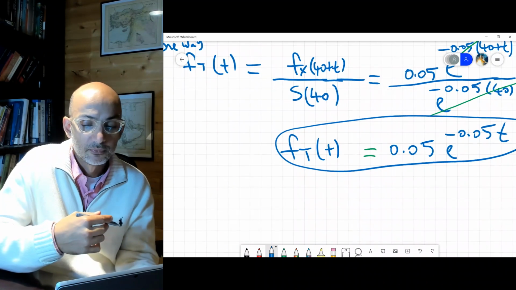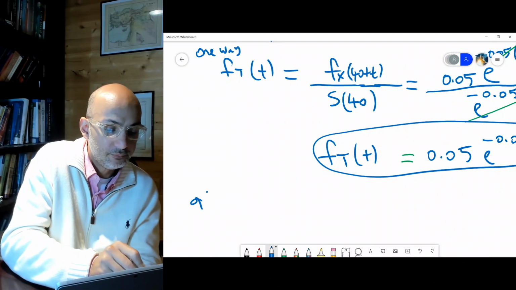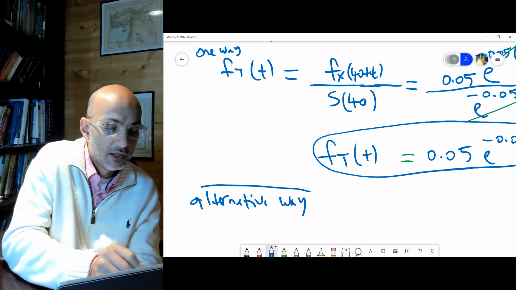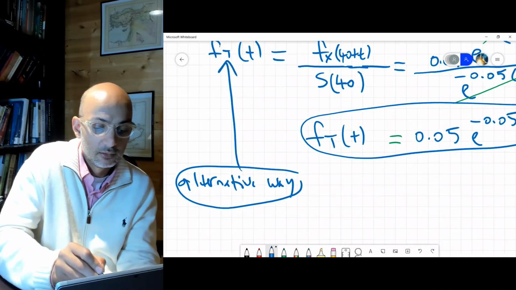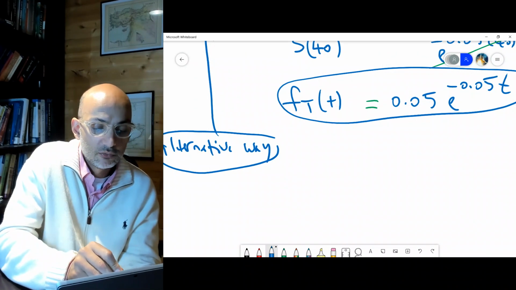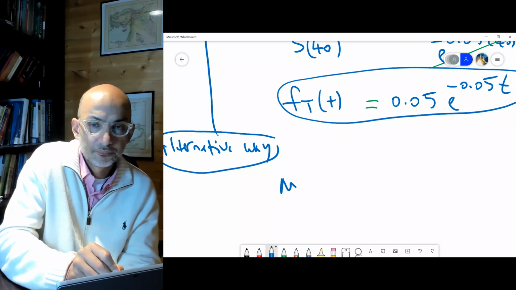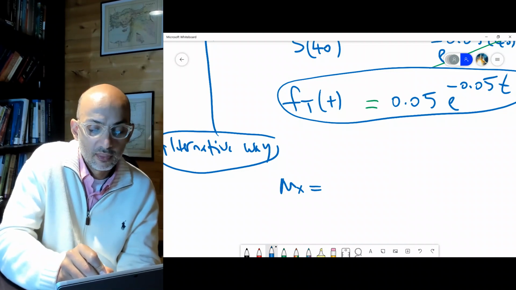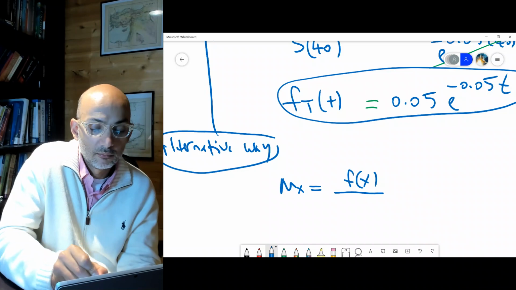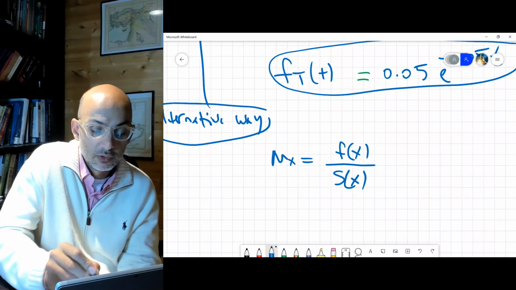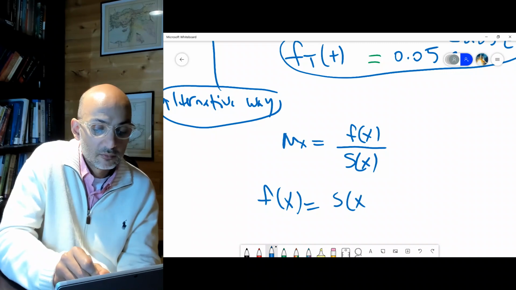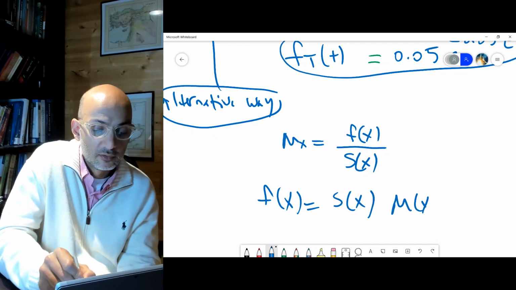Same logic, but let's take an alternative way. An alternative way to compute f of t should give us the same thing. Now remember that when we said mu of x is equal to f of x divided by s of x, that gives us f of x is s of x multiplied by mu of x.